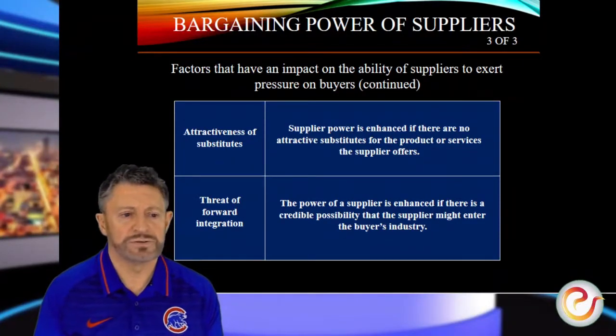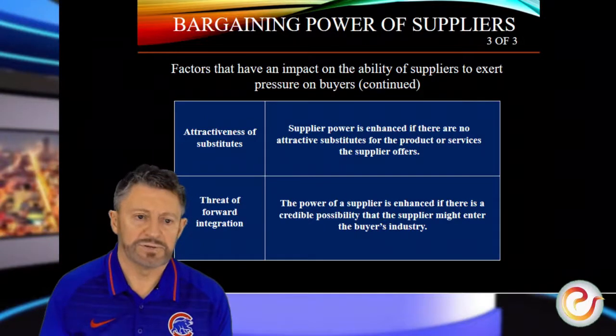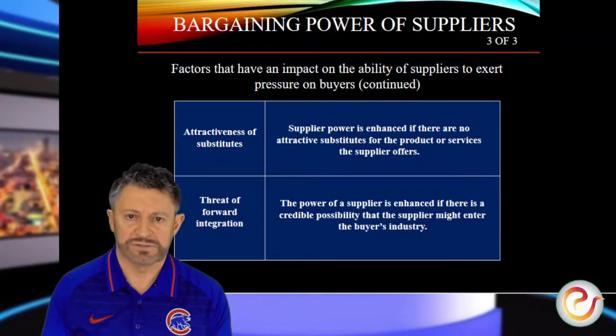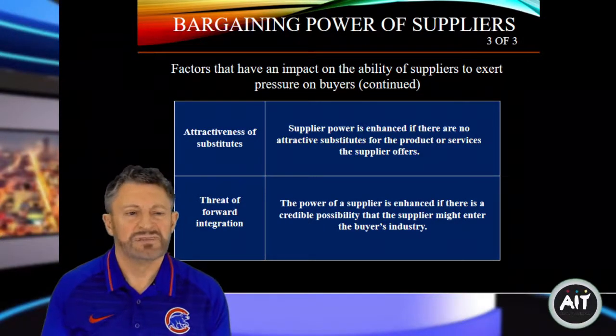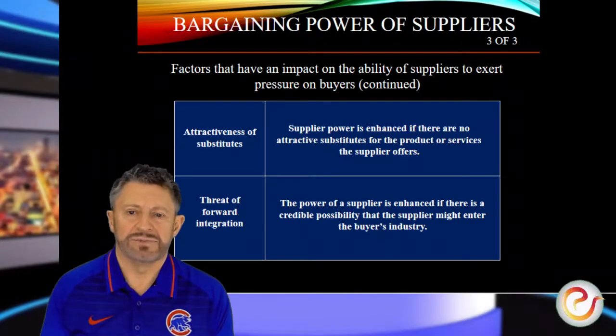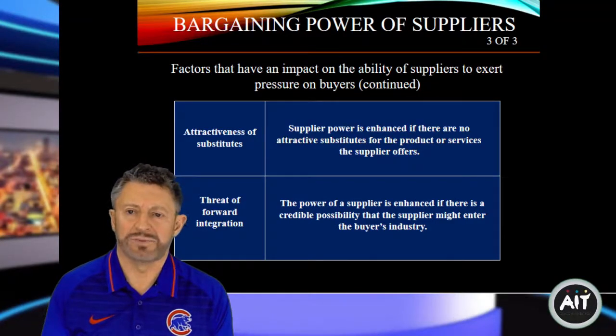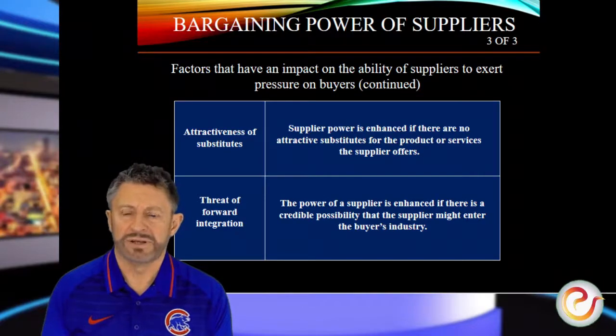So, the threat of forward integration. The power of the supplier is enhanced if there is a credible possibility that the supplier might enter the buyer's industry. That's where the supplier could say, okay, I'm supplying these components to this manufacturer, they're selling them on and making a profit larger than mine, so I'll buy the manufacturing company.